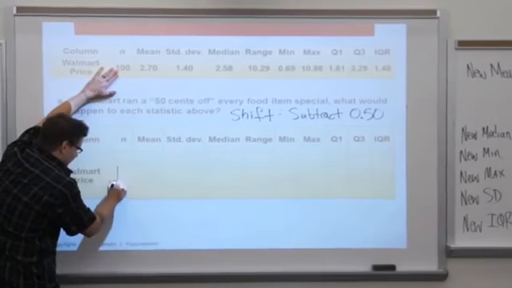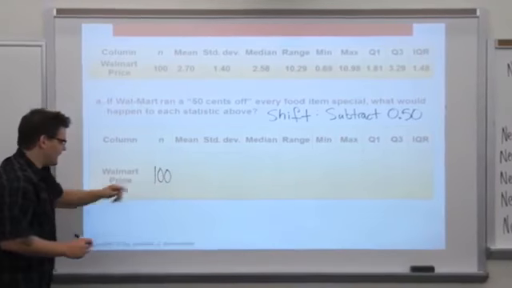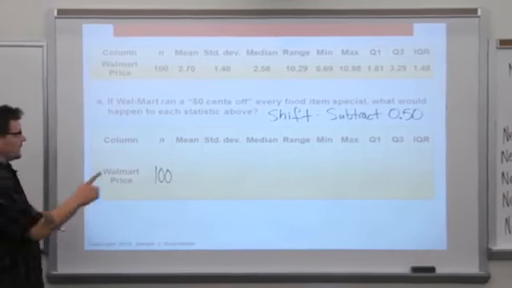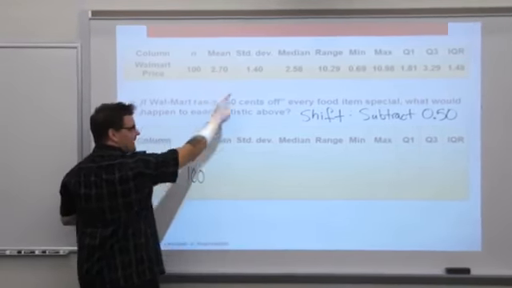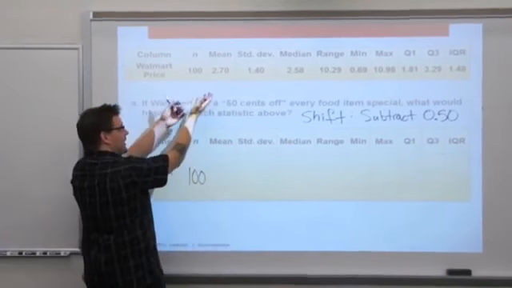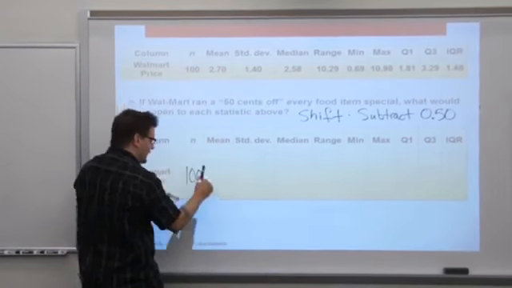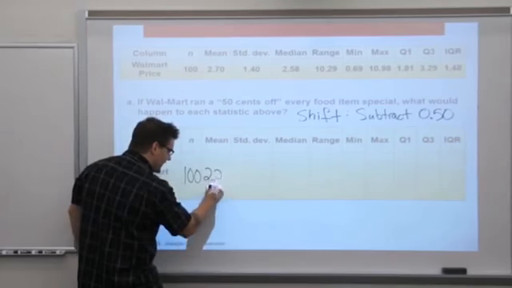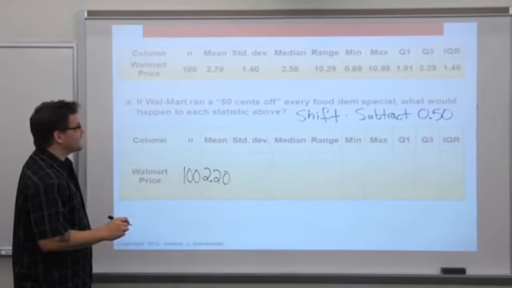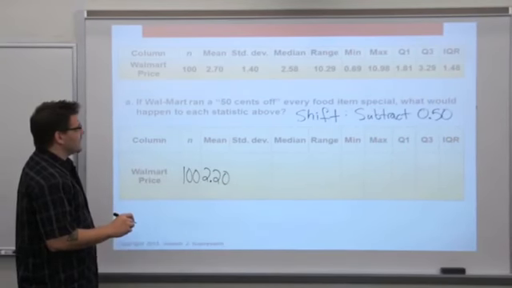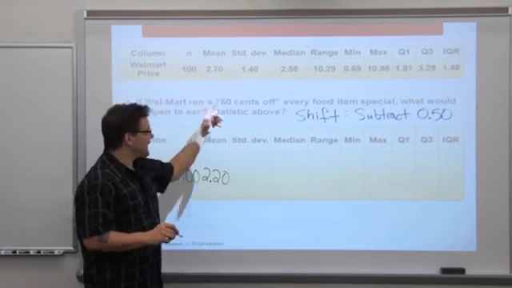N is still 100, right? We still have 100 data values. The mean used to be 2.70. If I subtract 50 cents from every price, the new mean will go to $2.20.